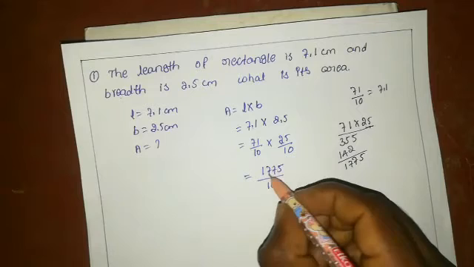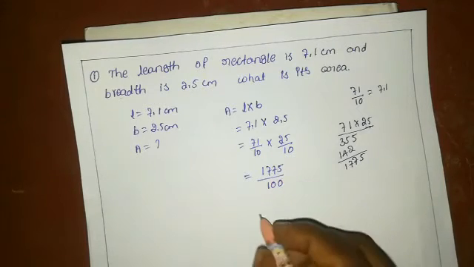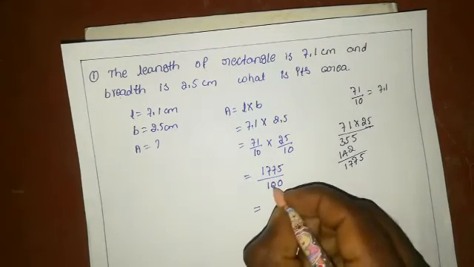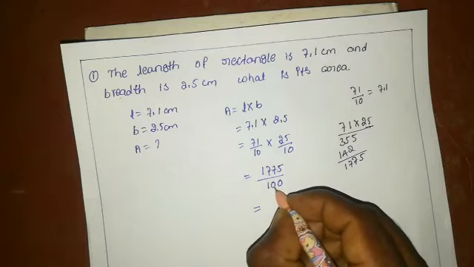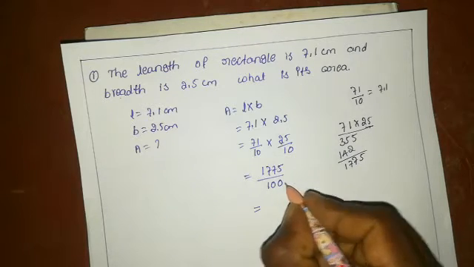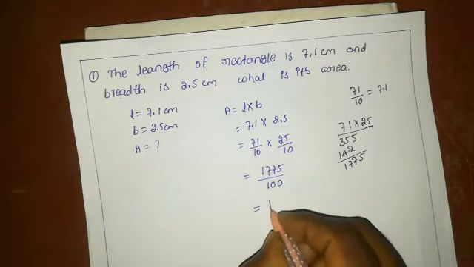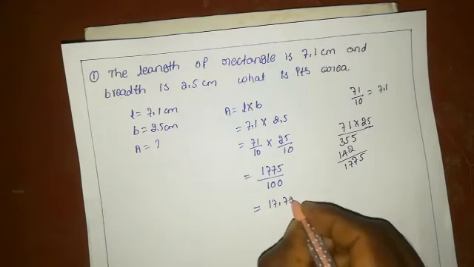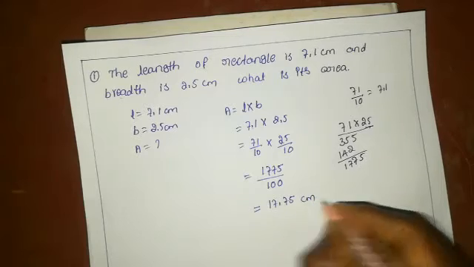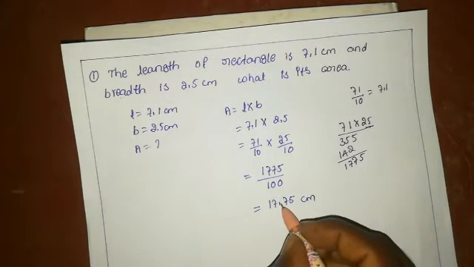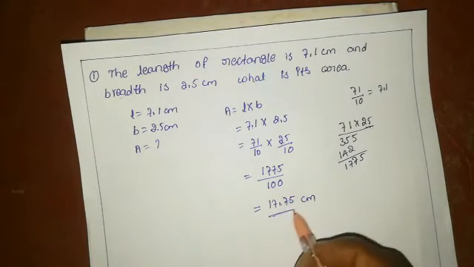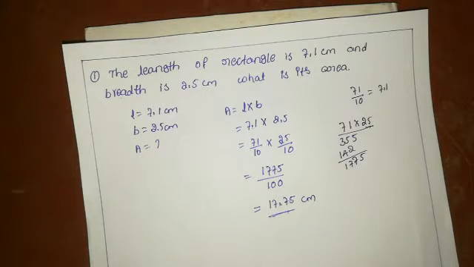So 1775 divided by 100. The denominator has 2 zeros, so we put the point after 2 digits, which means 17.75 centimeters. The area of the rectangle is 17.75. Thus we multiply a decimal number by a decimal.